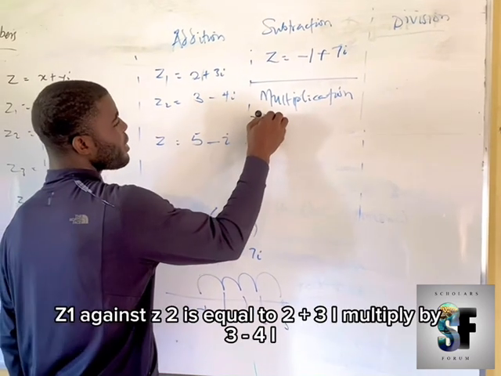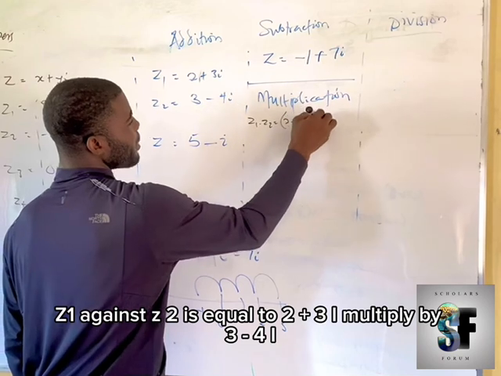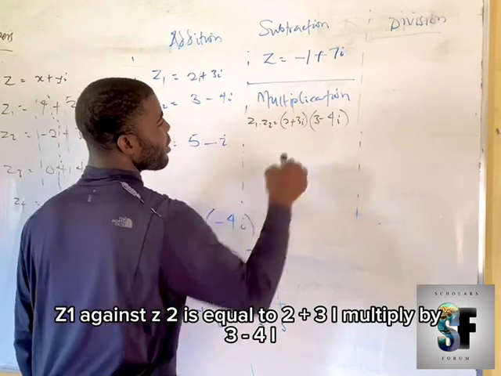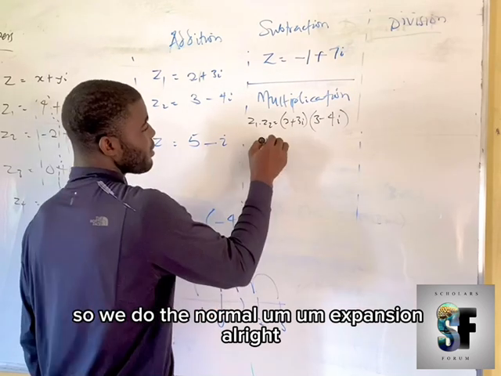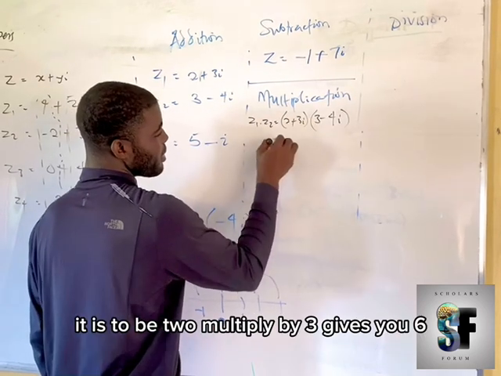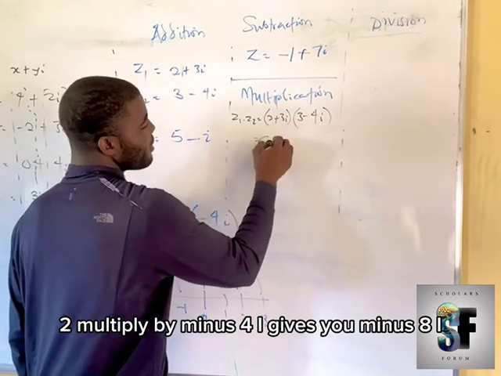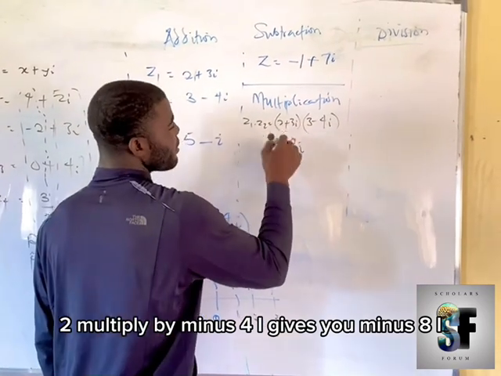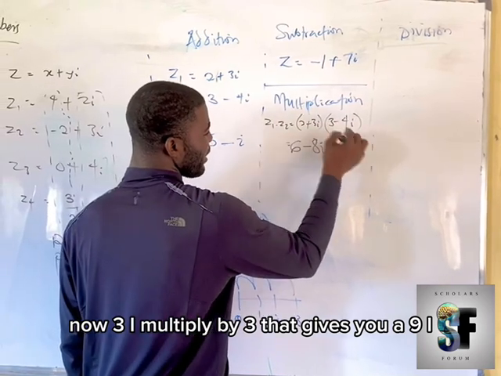So z1 against z2 is equal to 2 plus 3i multiplied by 3 minus 4i. So we do the normal expansion, alright? This will be 2 multiplied by 3 gives you 6. 2 multiplied by minus 4i gives you minus 8i. Now 3i multiplied by 3, that gives you a 9i.